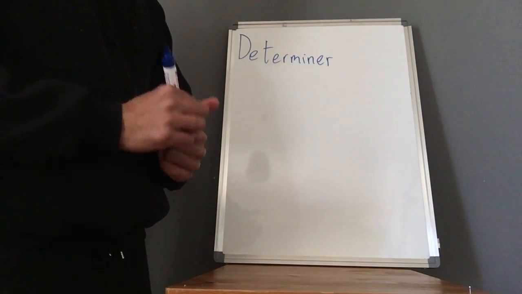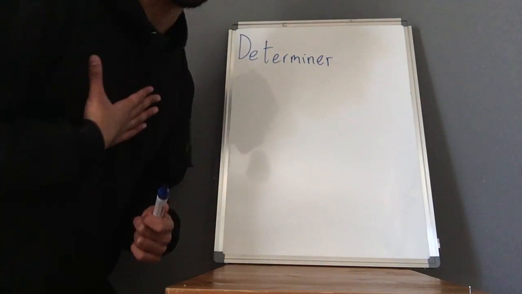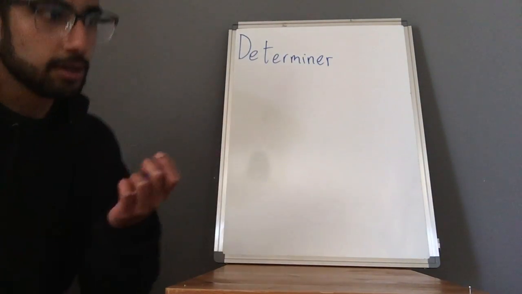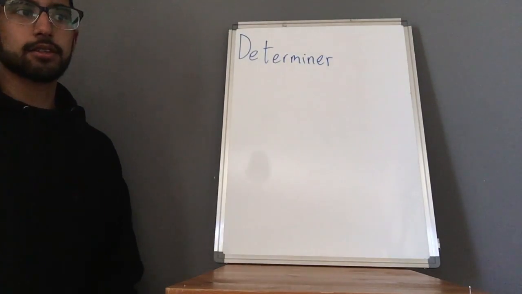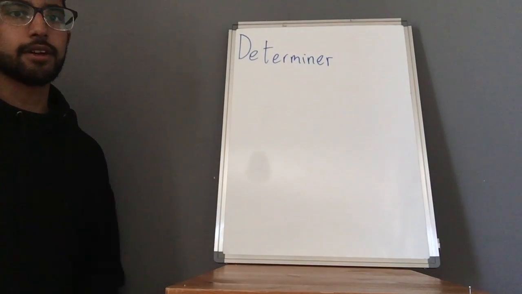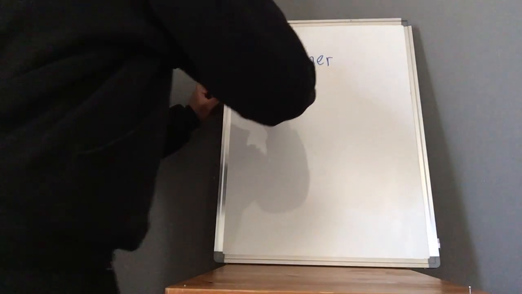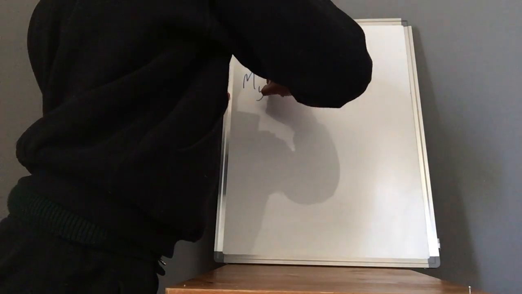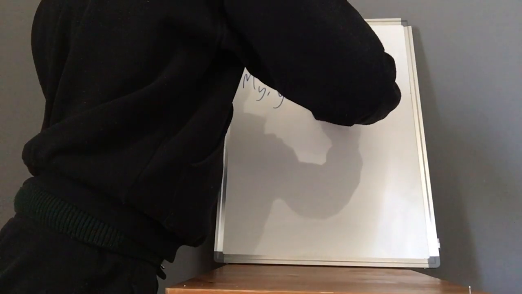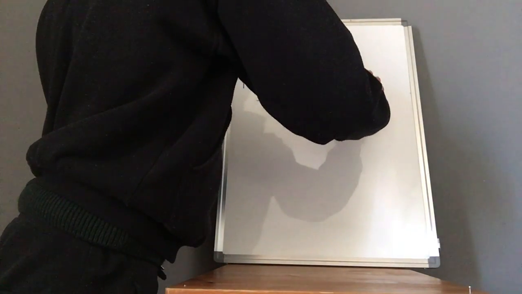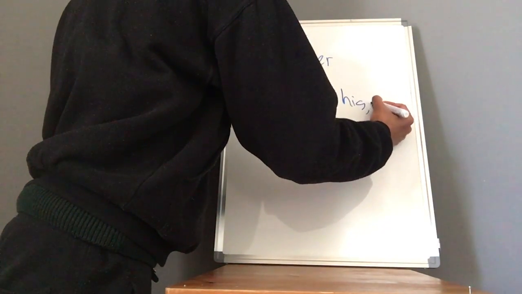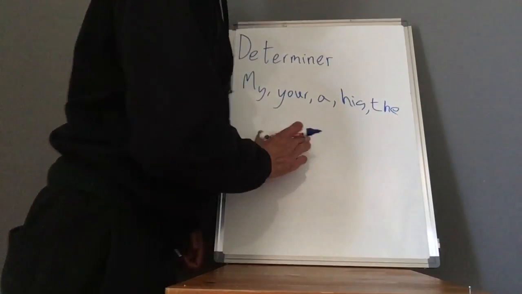So I could be talking about my hair, which is for me. I could be talking about your hair for you. I could be talking about his, hers. I could be talking about a tree. I could be talking about the tree over there. All of these, so my, your, these are all determiners.